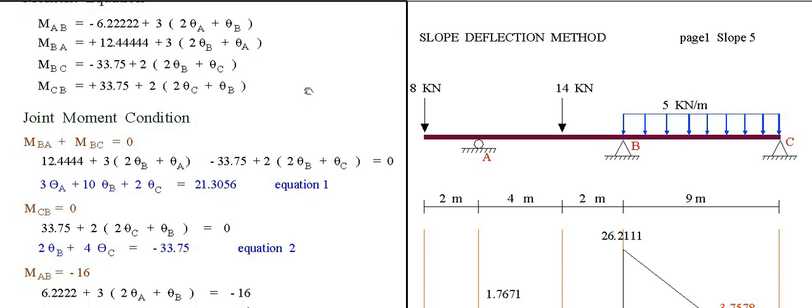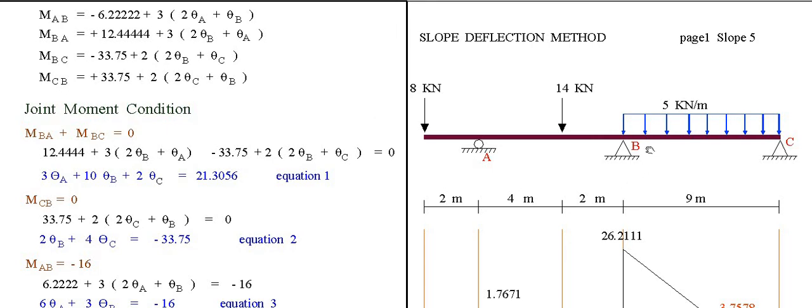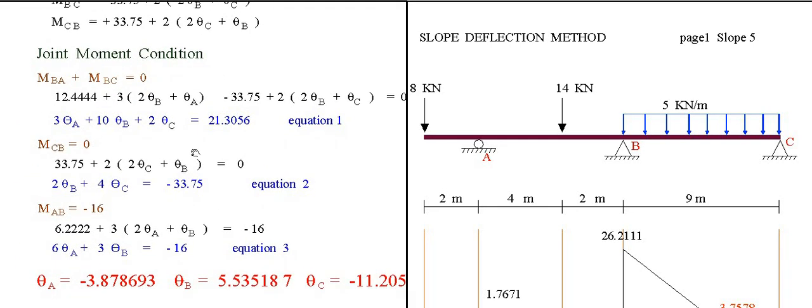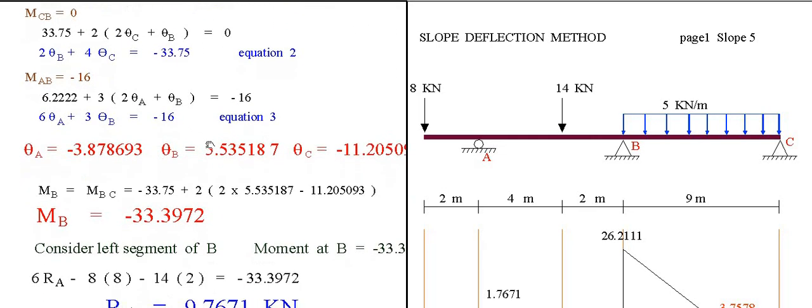The answer for this must be negative because we choose the negative rather than the positive moment at B. It must be BC, this one, because usually the moment at the support is negative. So BC is the one we choose for the computation of the moment at B.